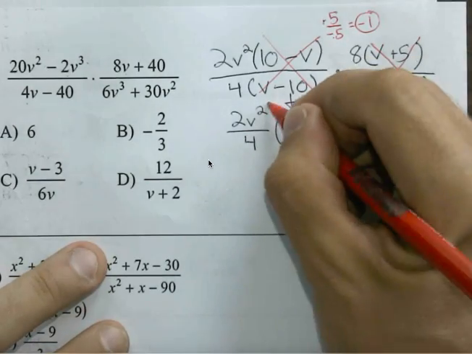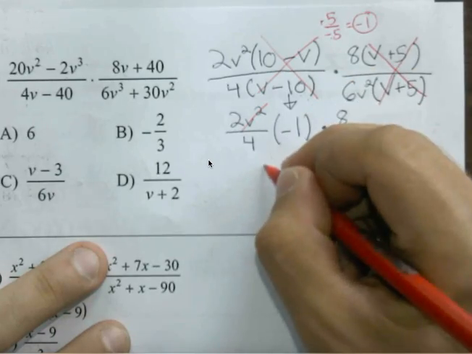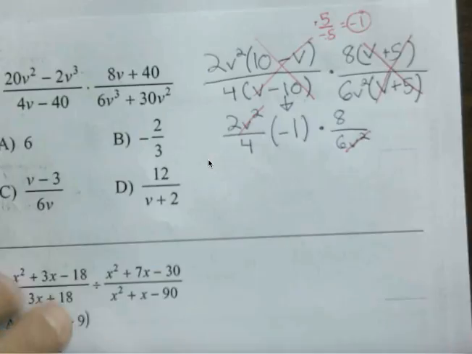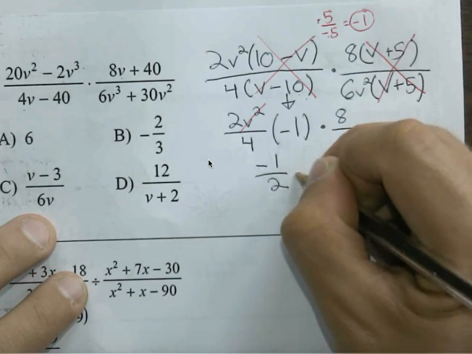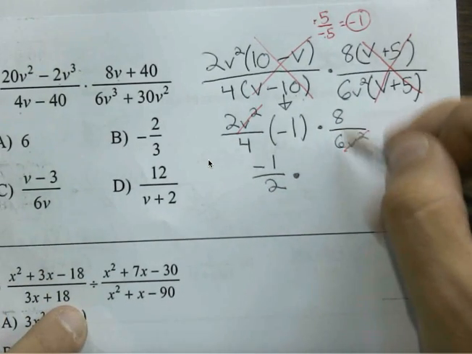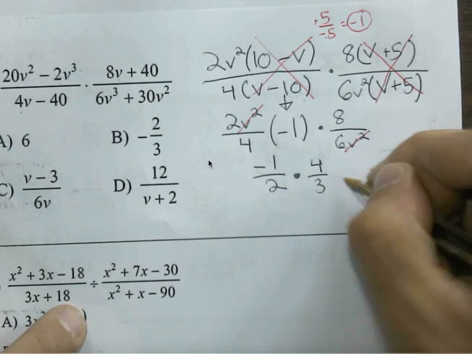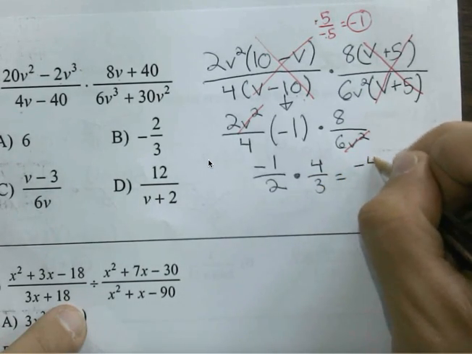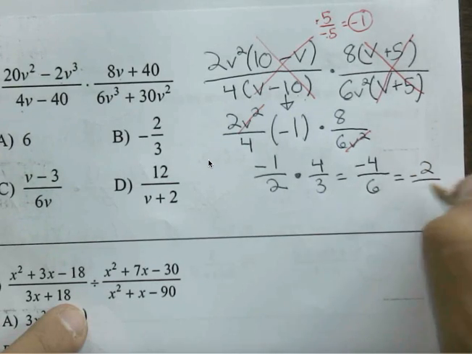We can also cancel v squared here and here. 2 over 4, you can rewrite that as now negative 1/2, multiplying with the simplified version of this fraction, which is 4/3. So this gets you negative 4 over 6, which is negative 2/3 when simplified.